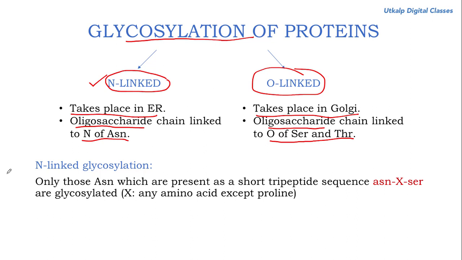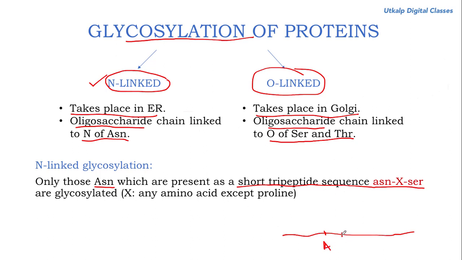Let's study the N-linked glycosylation. In N-linked glycosylation, the asparagine which is used should be present as a short tripeptide sequence of asparagine-X-serine. So suppose you have a protein in which you have an asparagine here; I'll write A here for asparagine.